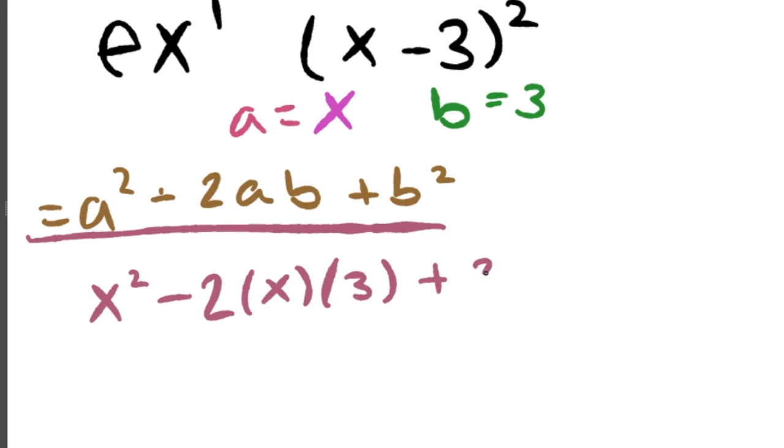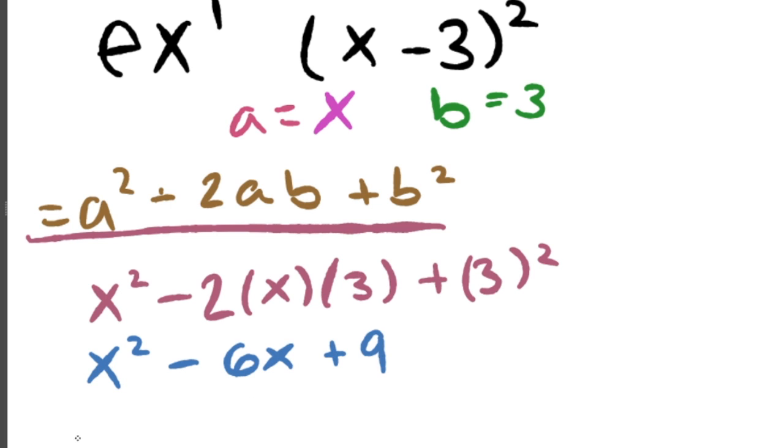Our b is 3, giving us 3 squared. Next we just have to solve it all out, which is x squared minus, 2 times 3 is 6, times x, giving us 6x, plus 3 squared, 9. And this is our answer.